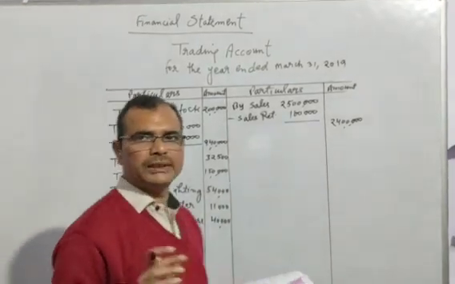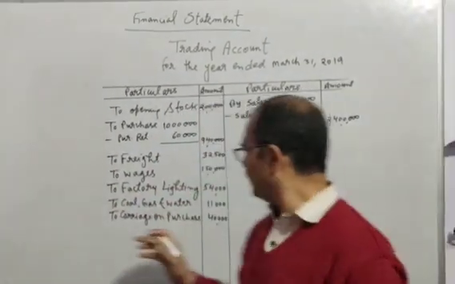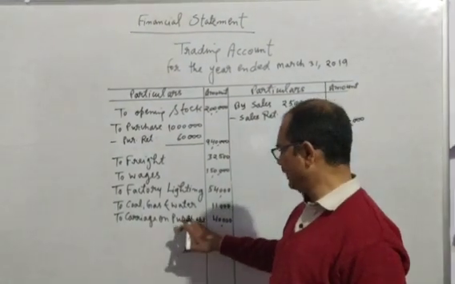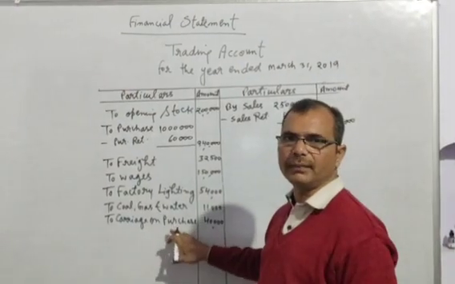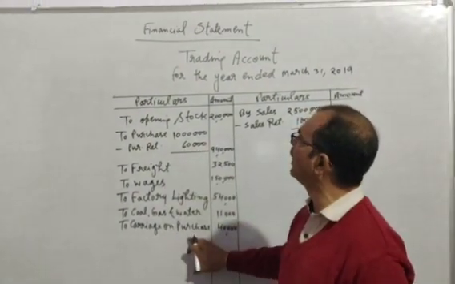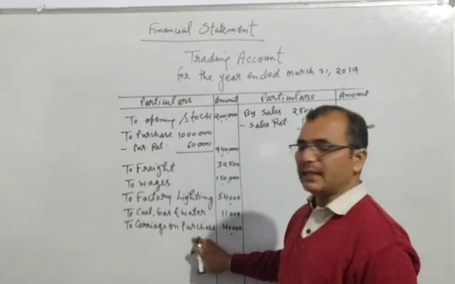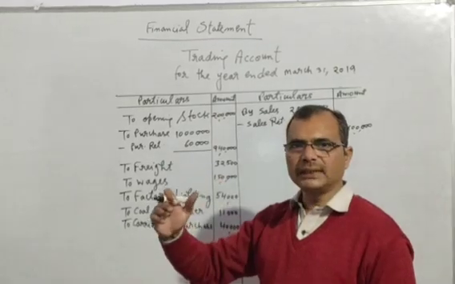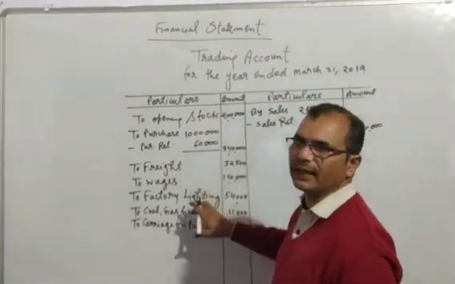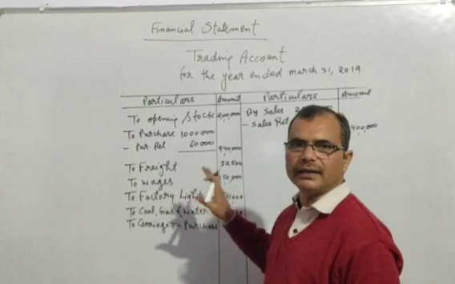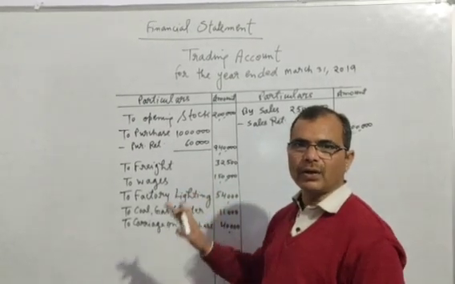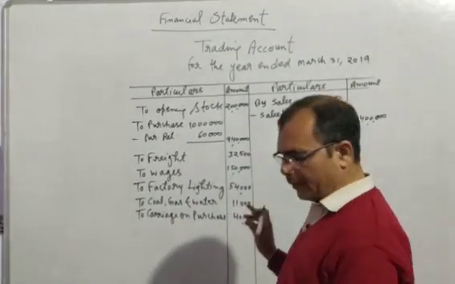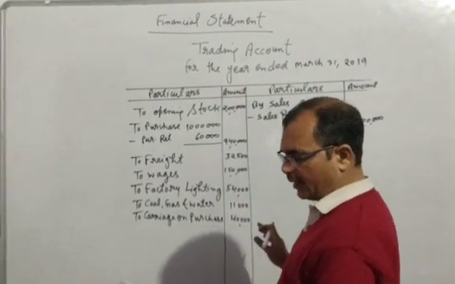Now students, you should understand: any item, any expense, if it is related to purchase, it will be a direct expense and it will be entered in the trading account. But any expense related to sales will not come in the trading account. That will be entered in the profit and loss account, because that will be an indirect expense. So we will not write here carriage on sale.